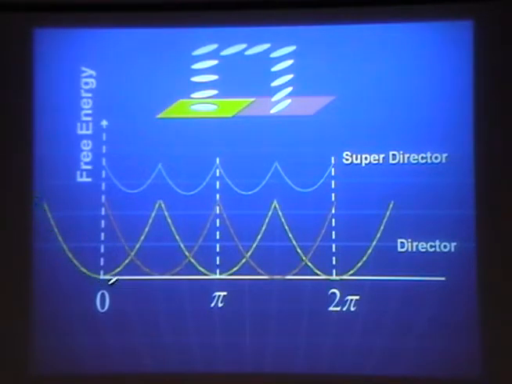So by superimposing this uniaxial anchoring, 90-degree phase shifted, then you can have a fourfold symmetrical surface. And you can induce a jumping transition from one potential well to the next.